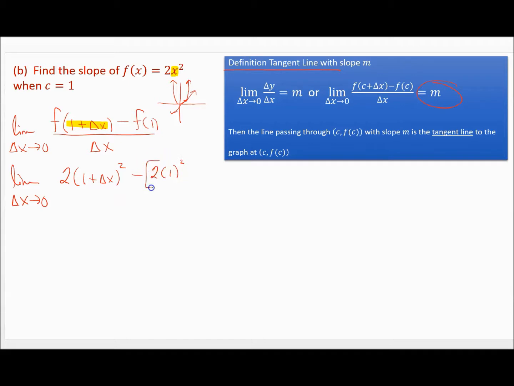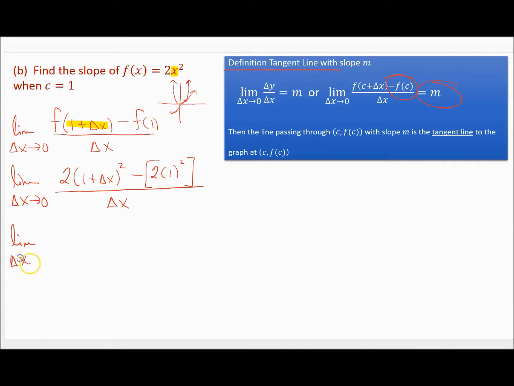And here's my advice, always put parentheses when you subtract the f of c value. In this case, there's only one term in our function, so we would not have gotten it wrong had we left that off. But usually you have more than one term. So let's get in the habit of putting parentheses when you do this part, minus f of c.